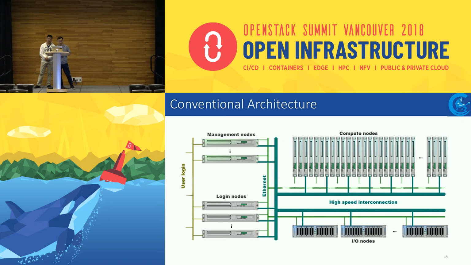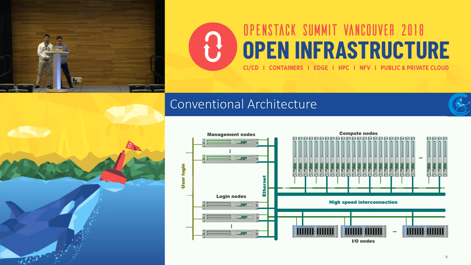So this is the very high-level architecture for conventional HPC. There are 4 types of node, including compute node, I/O node, and login node. And there are 3 types of network in total. The high-speed interconnection, which we called TH-2 Express, is used for workload.